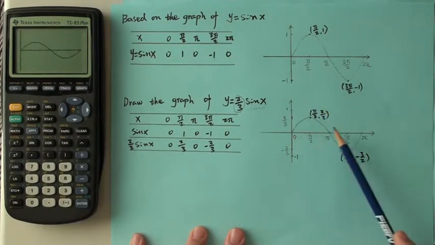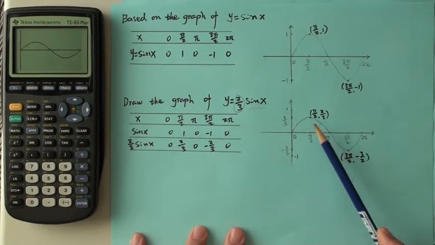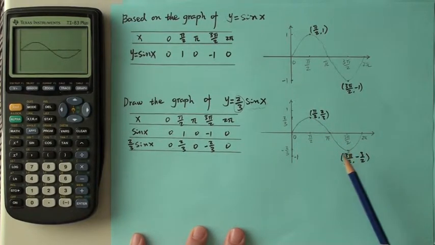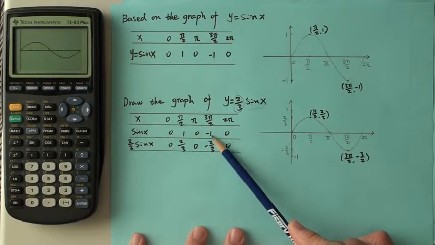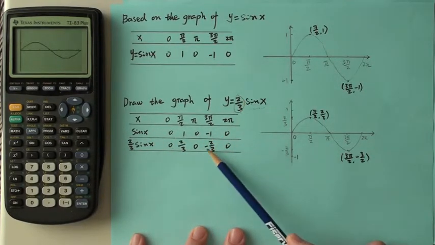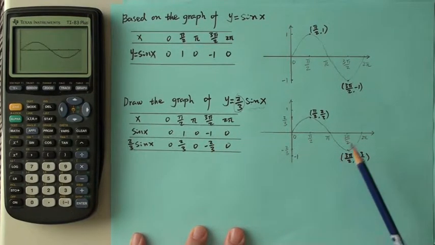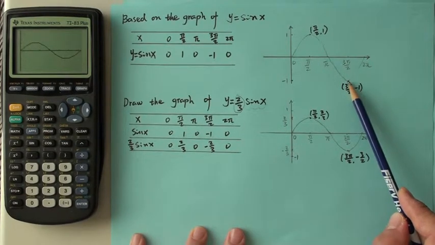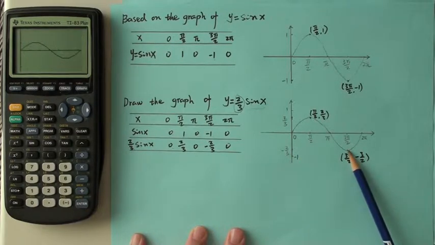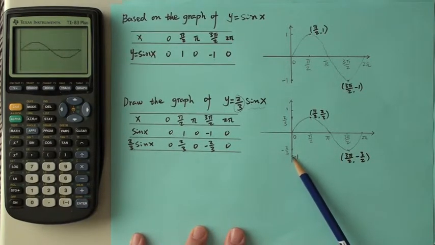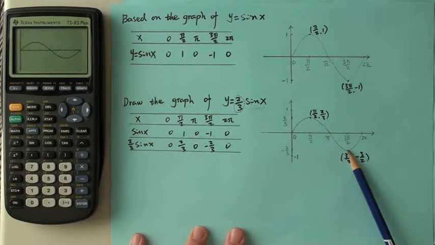The period is not changed, but the highest point or the lowest point will be different. You see, when sine x is -1, -1 times 2/3 is -2/3. So it's not as low as -1, it goes a little bit higher.